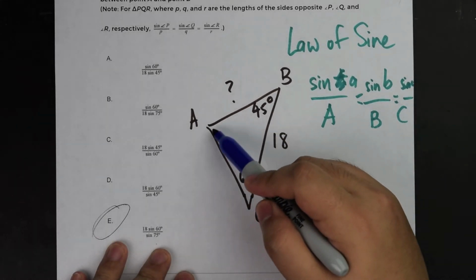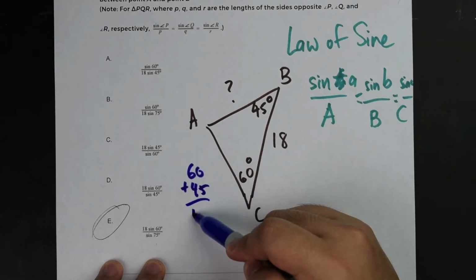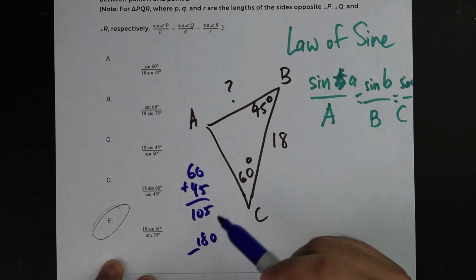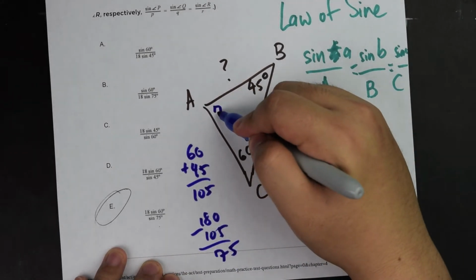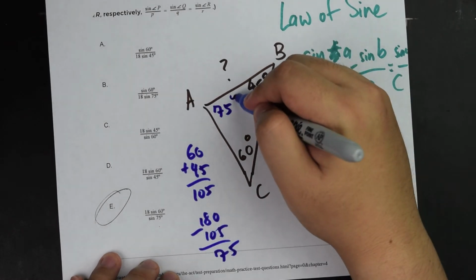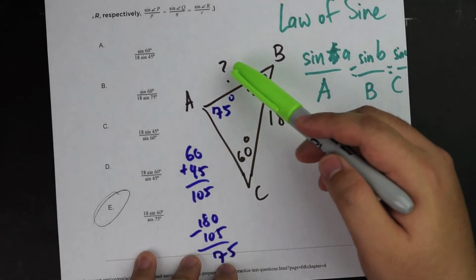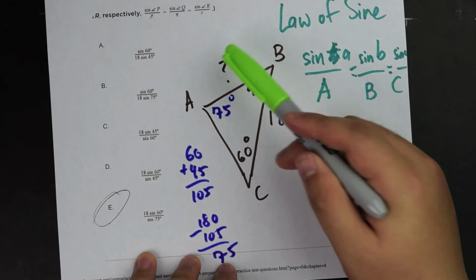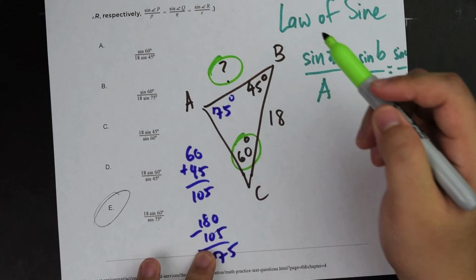Thus, I understood that to find this angle right here, I needed to do 60 plus 45, which is 105, and 180 minus 105 is 75, so right here is 75 degrees. Now it's for me to just pick the specific parts that I need. Based off the law of sine, I need to use this question mark because I'm solving for it, and I also need to use 60, because I'm given a side and an angle.